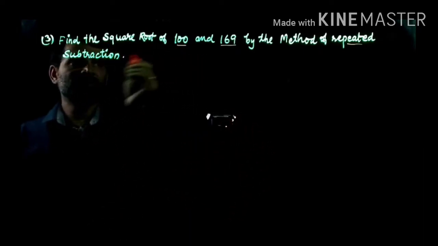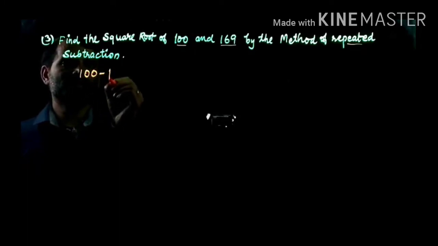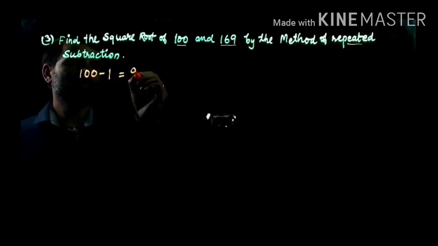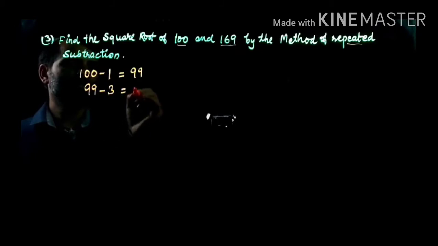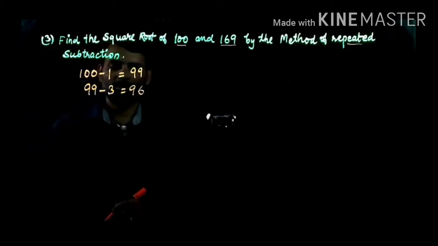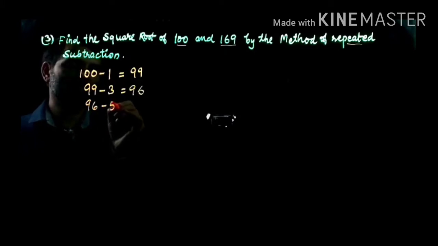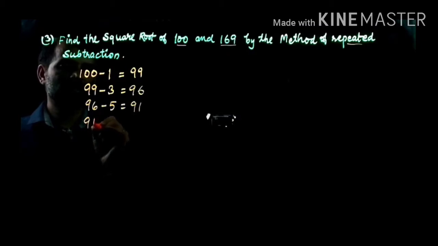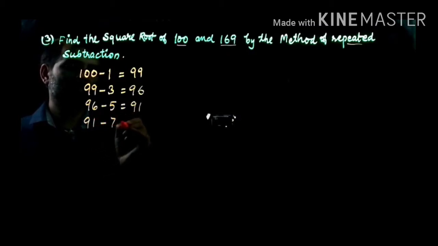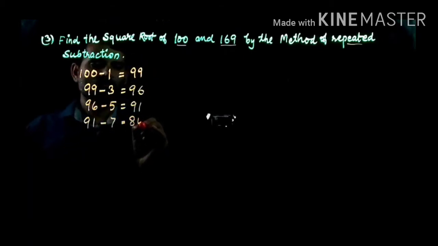The first example is the number 100, so I write 100 minus 1 is equal to 99. Again 99 minus 3 is equal to 96. Then 96 minus 5 is equal to 91. Then 91 minus 7 is equal to 84.